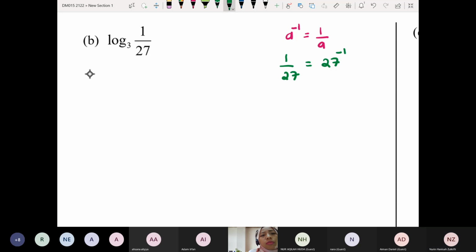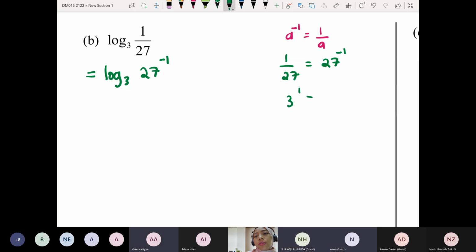Yes, so this can be written as 27 to the power of negative 1.